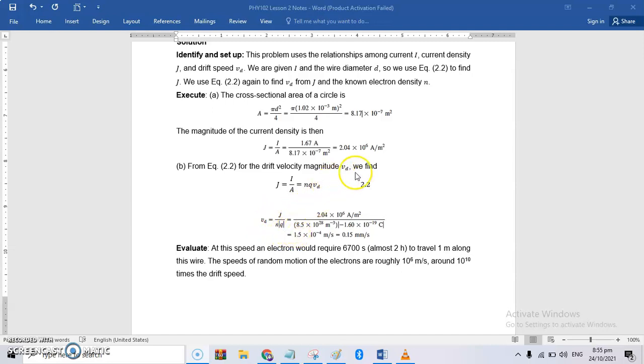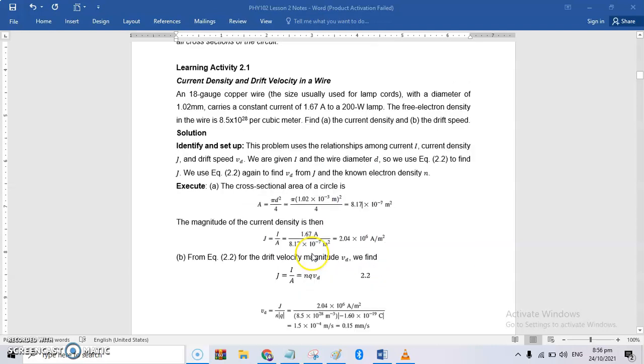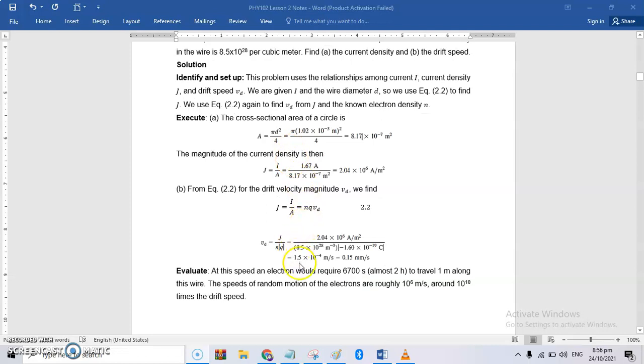The drift velocity is equal to the current density, 2.04 times 10 to the power of minus 6 ampere per meter squared, and the electron density of the wire, n, of 8.5 times 10 to the 28 per meter cubed, times the charge of the electron, negative 1.60 times 10 to the minus 19 coulomb.